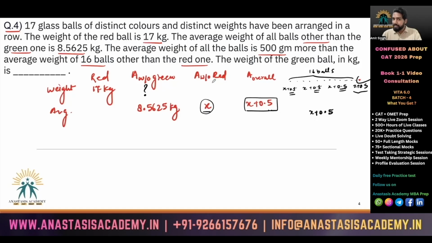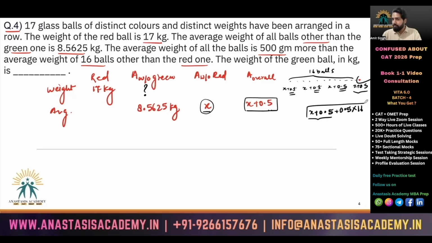Now all the 16 balls apart from red have this average of X, right? So I can write the weight of each and every ball to be X. That means with red, this 0.5 has gone, right? So the red ball already had the average of X plus 0.5, and it also snatched this 0.5, 16 times, because there were 16 balls apart from red.